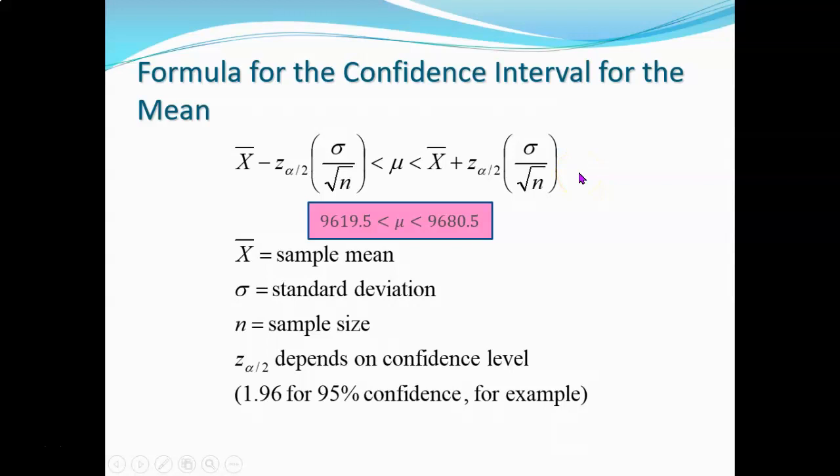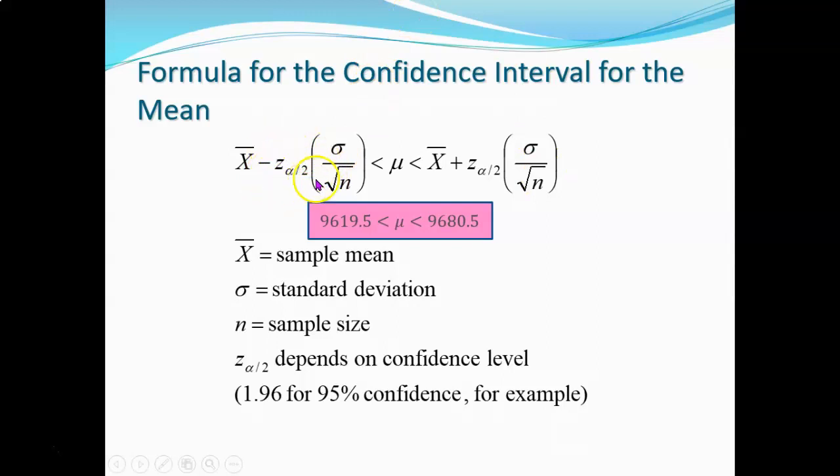And for now, we're assuming that we do know the population standard deviation. The n here and here under the square root sign stands for the sample size, how big your sample is, how many pink elephants you had in your sample that you managed to track down and weigh.